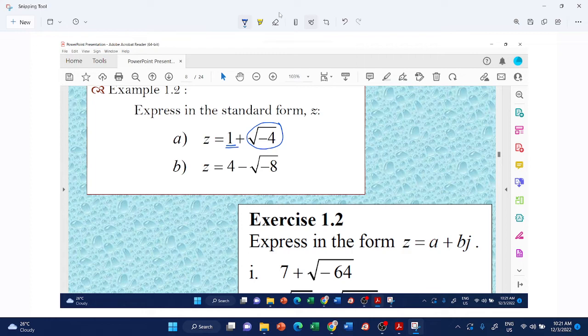Okay, so kita start for A. So, square root negative 4. Kan? So tadi ada masa awal-awal tadi kita ada cari square root untuk negative number kan? Square root punca kuasa 2 untuk nombor negatif kita tak boleh dapat nilai. So, negatif tu kena convert to other form.